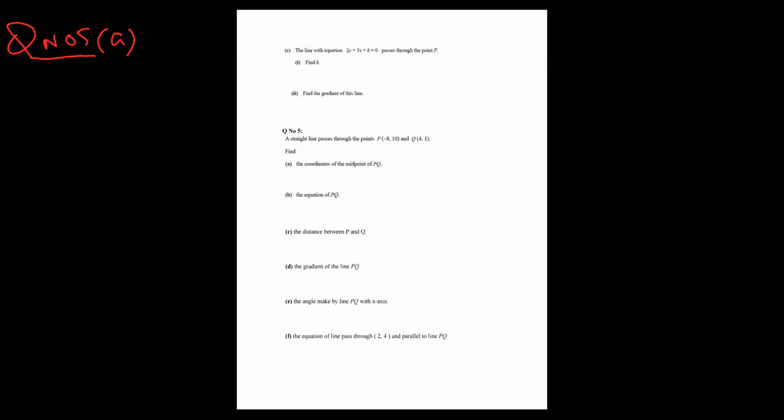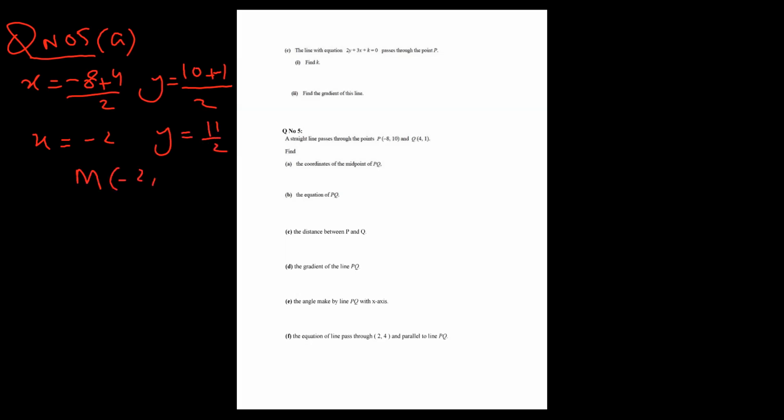First is the midpoint coordinate, and I think it is a very easy part: minus 8 plus 4 by 2, 10 plus 1 by 2. So I'm getting the answer minus 4 by 2, so minus 2, and 11 by 2. So the midpoint coordinates are negative 2 and 11 by 2.